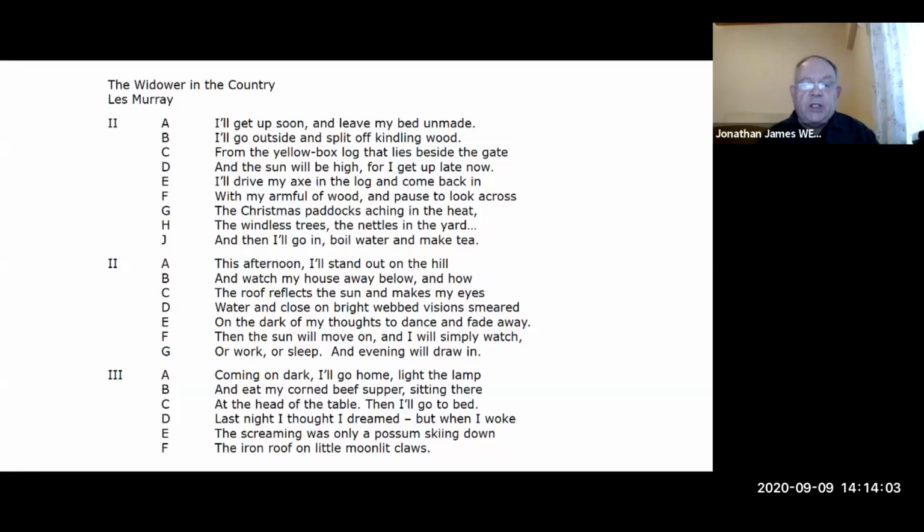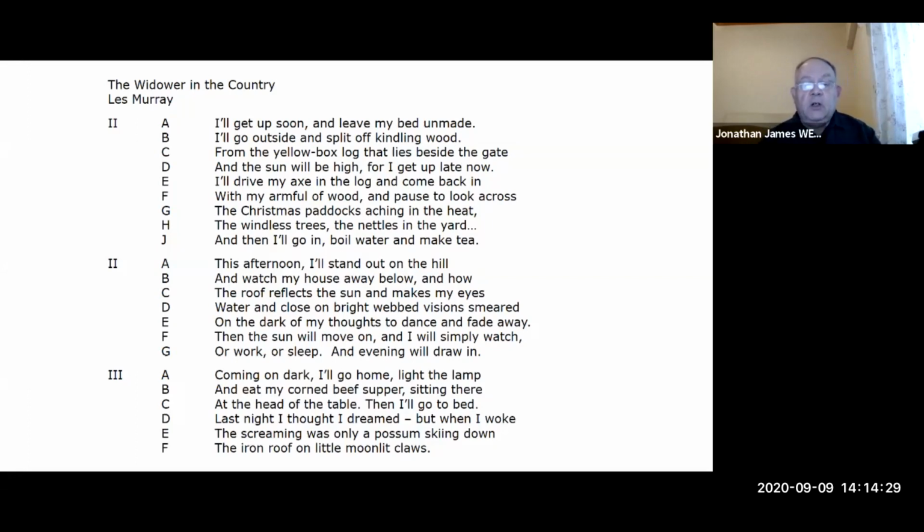This afternoon, I stood out on the hill and watched my house away below, and how the roof reflects the sun and makes my eyes water and close on bright web visions smeared on the dark of my thoughts to dance and fade away. The sun will move on, and I will simply watch or work or sleep, and evening will draw in.